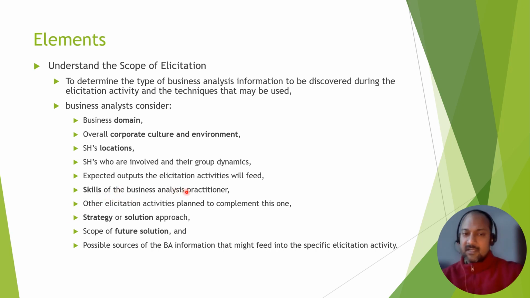Skills of the business analyst, analysis practitioner, other elicitation activities planned to complement this one, strategy or solution approach, scope of future solution, possible source of the BA information that might feed into the specific elicitation activity.